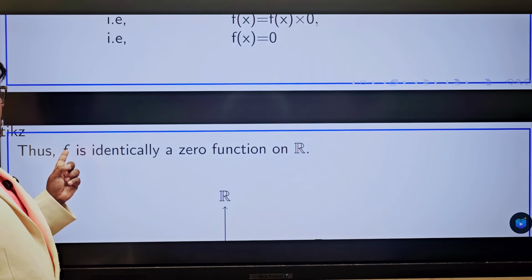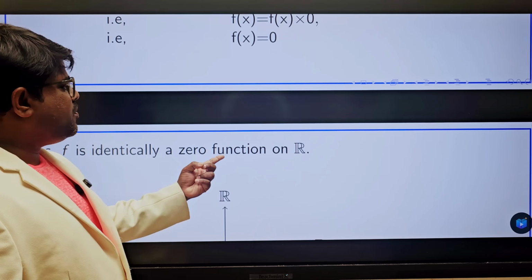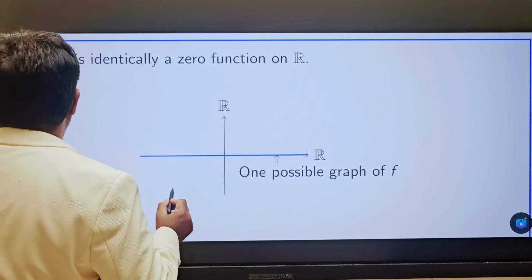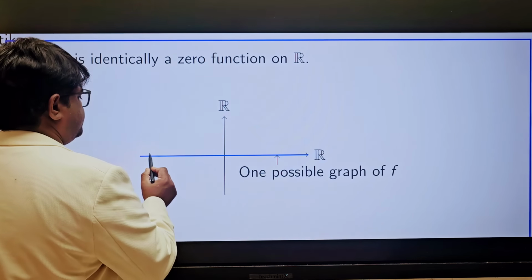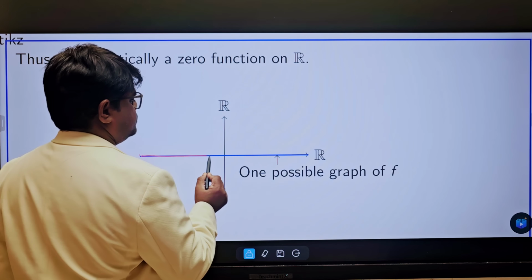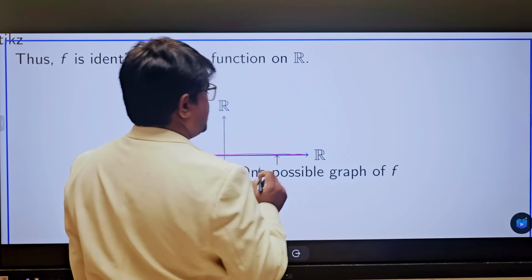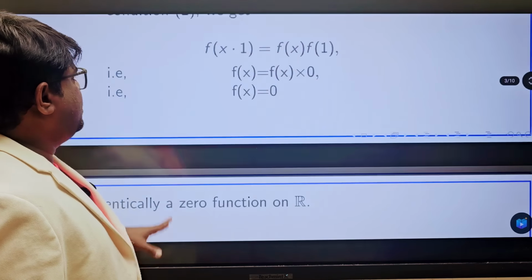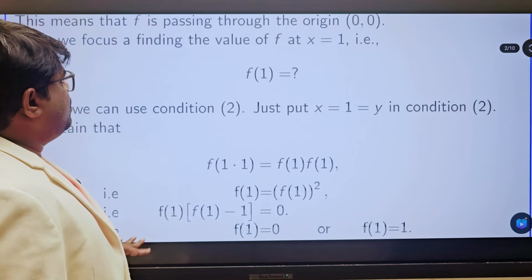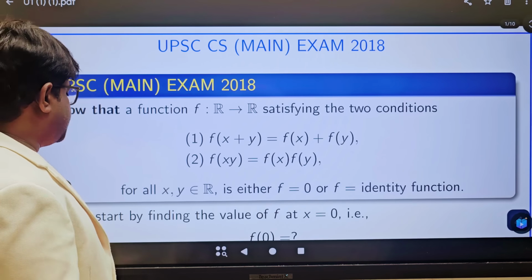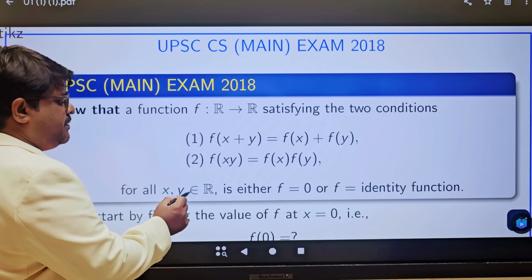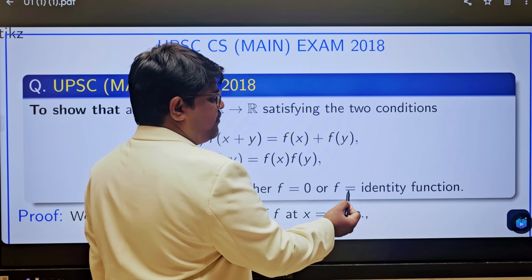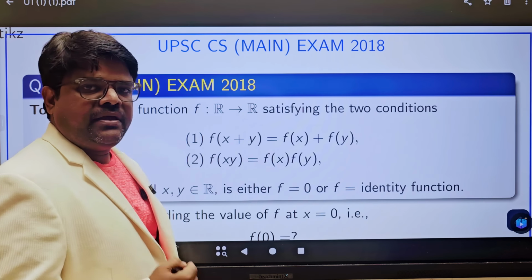Thus the function is identically the 0 function on R. So f of x equals the 0 function on R. Coming to the question, what they have asked is that for all x, y belonging to R, the function is either f of x equals 0 or f of x equals the identity function.